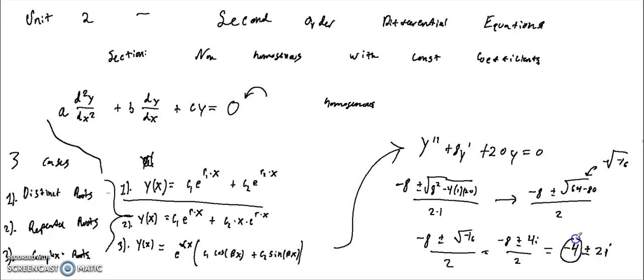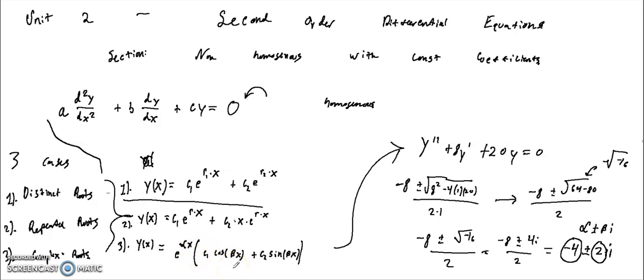And, well, negative 4 is alpha, and 2 is beta. So the form is, when you factor it, alpha plus or minus beta i. And alpha and beta is what you plug into here. And notice how, despite getting a complex root, there's no complex things in this equation. So we can get a real answer, which is why this is so powerful.